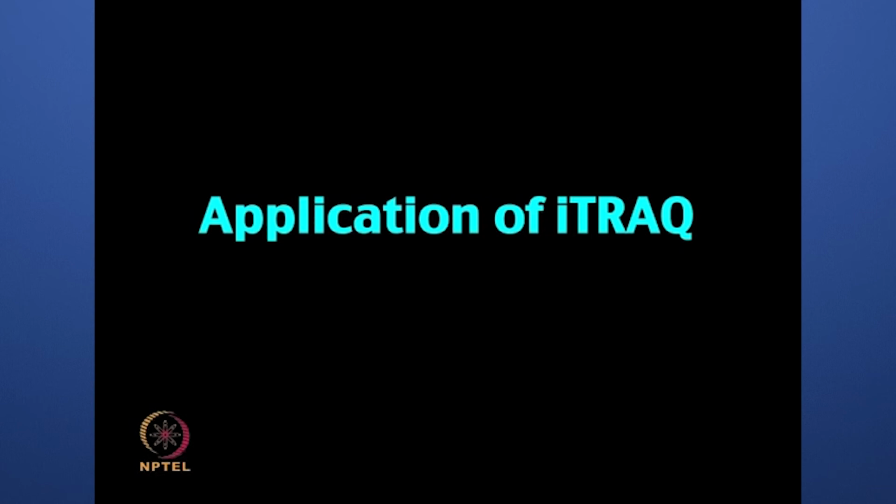In this animation, we will look at one application of the iTRAQ method. A study performed by Boyle et al. in 2010 used the iTRAQ method for identification of candidate biomarkers in ovarian cancer serum.